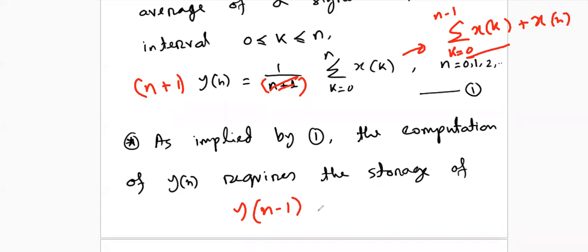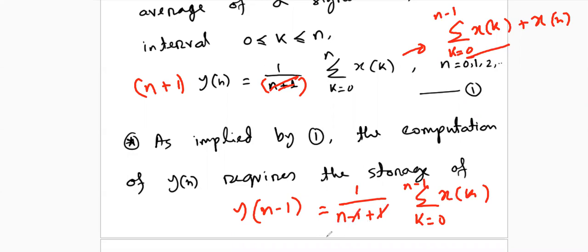So we know that this y n minus 1 is equal to, if you put that value, n is now replaced by n minus 1 plus 1, and then k equals 0 to n minus 1, of course n is replaced by the n and xk. From this, you can write easily. So they will cancel each other. What is the value?